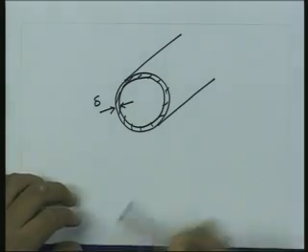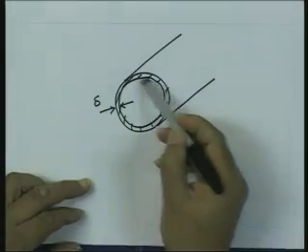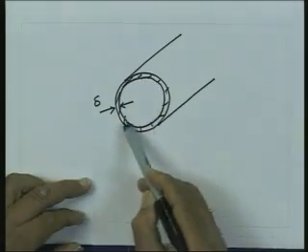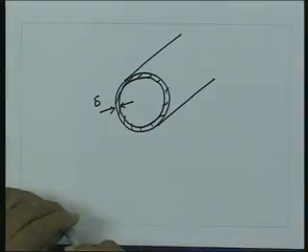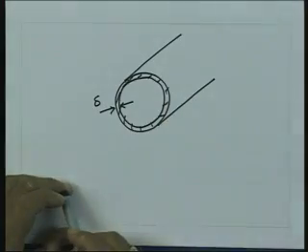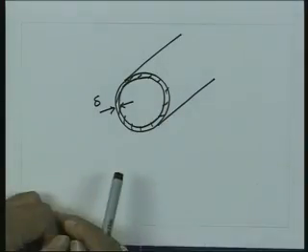However, as we increase the frequency and as the skin depth starts coming into the picture, the current is getting more and more confined to the surface. That means the area of cross section over which the current is flowing is reducing. As a result, the resistance of this conductor starts increasing as you go to high frequency.